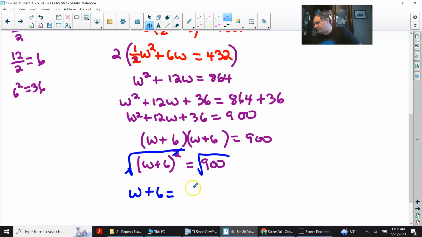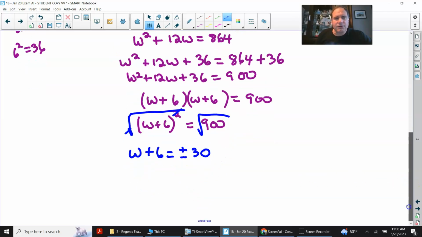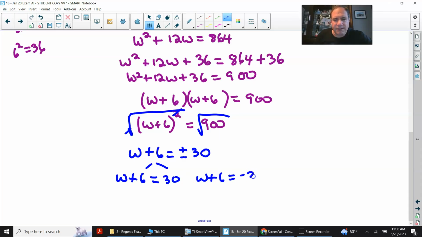And what is the square root of 900? 30 times 30 is 900, and that is a perfect square, so that's why that works out nicely. When you split that into 2, like I did before, W plus 6 equals 30, and W plus 6 equals negative 30.